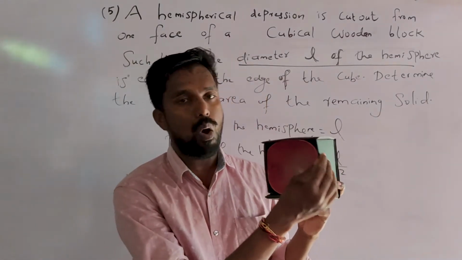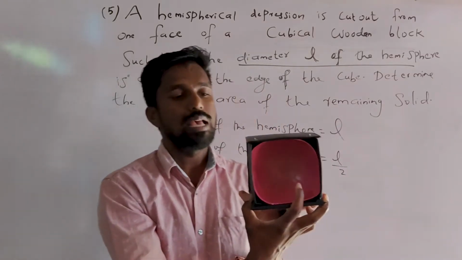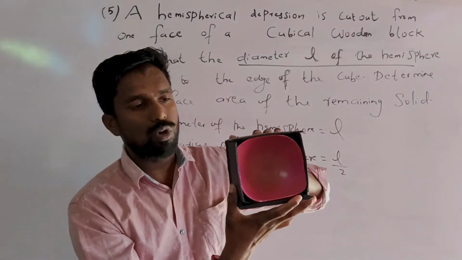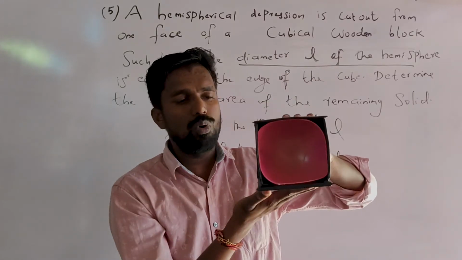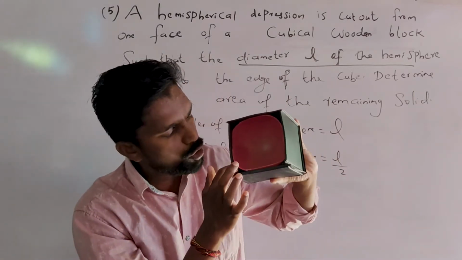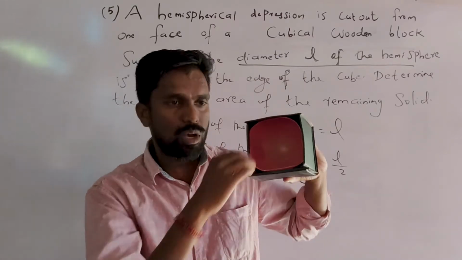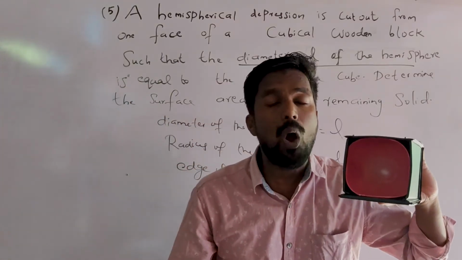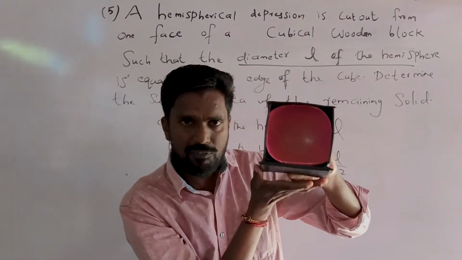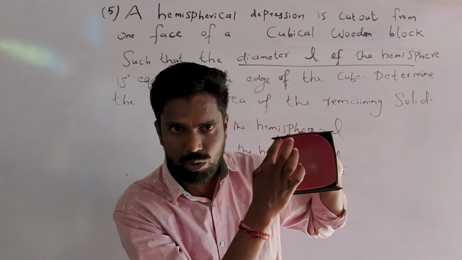Just like the previous problem, here also you have to find the area of 5 surfaces, and this corner portion, the 4 corner portion areas, and inside this the hemisphere.